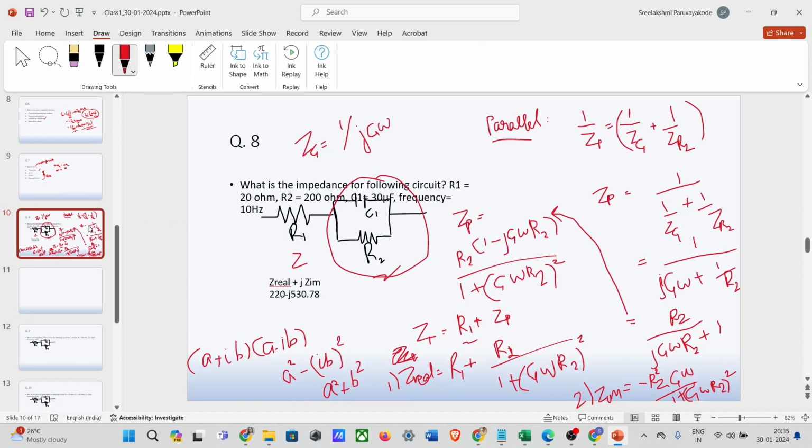Okay, I can show you the question again. I can give it 2 more minutes, just substitute and find out the Z imaginary and Z real part.